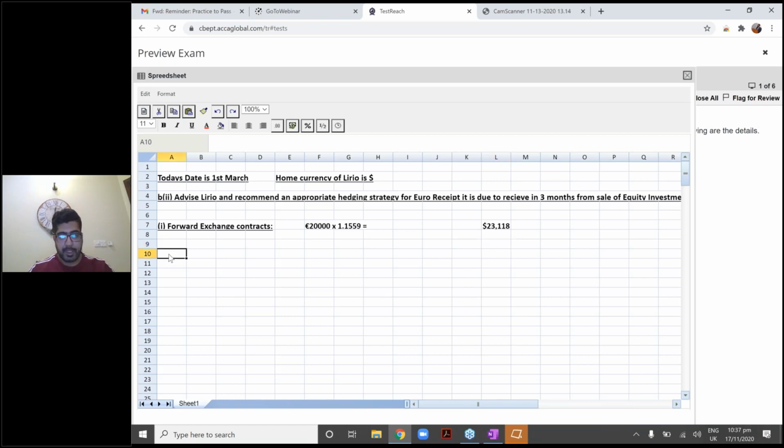Okay. Any questions with this you can ask, then we will move towards the second technique, because we have to solve all techniques, then recommend which is the best one. So move to the second technique, which is currency futures.